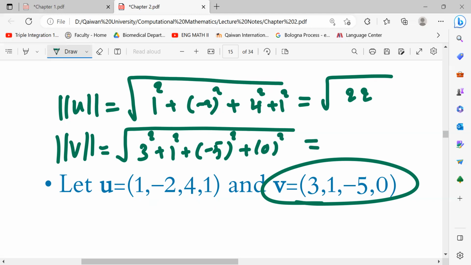This is 9, this is 1, this is 25, this is 0. What's the result? It is the square root of 35. These are the length, norm, or magnitudes of u and v.